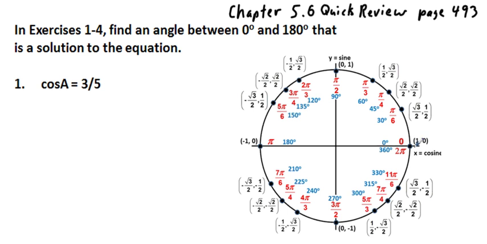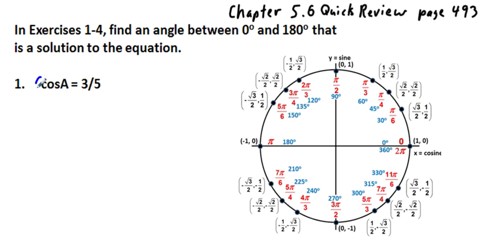So we're looking for an angle somewhere between 0 and 180 degrees such that the cosine of that angle equals 3/5. What we're going to do is undo this cosine operation to get this number, this unknown A by itself, which is a measure of an angle.